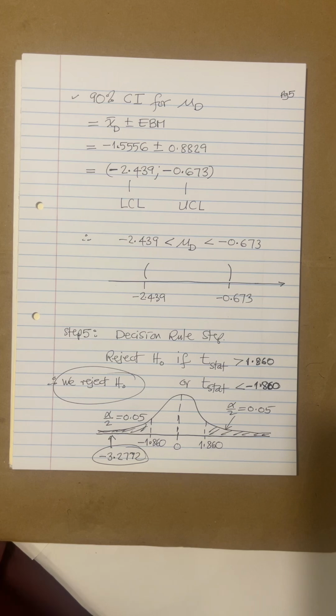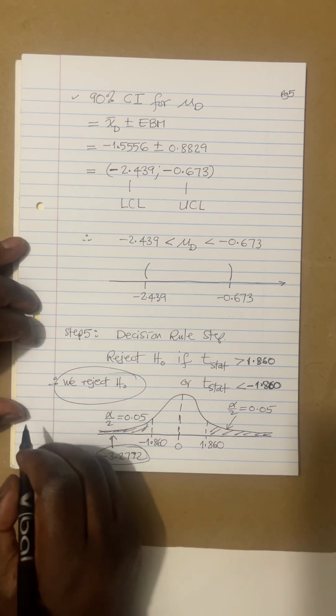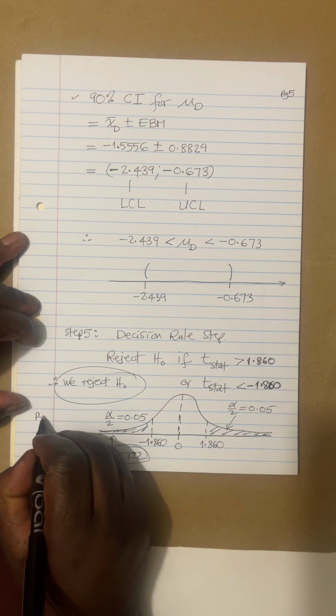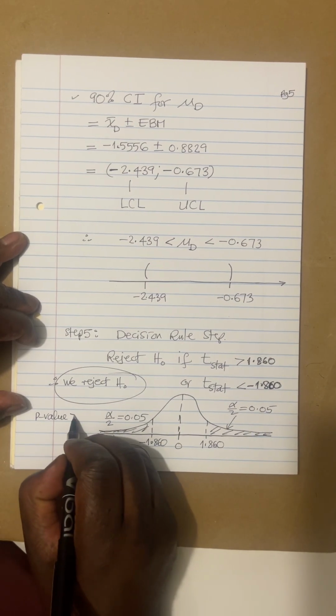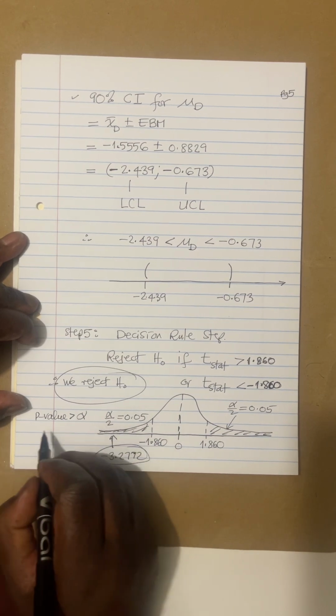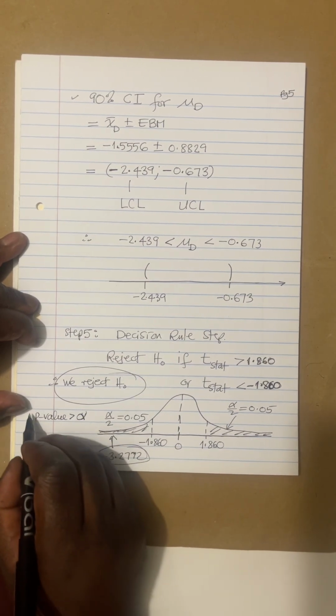Now the p-value, if H naught is rejected, you would recall that the p-value is less than alpha. Please take note of this.